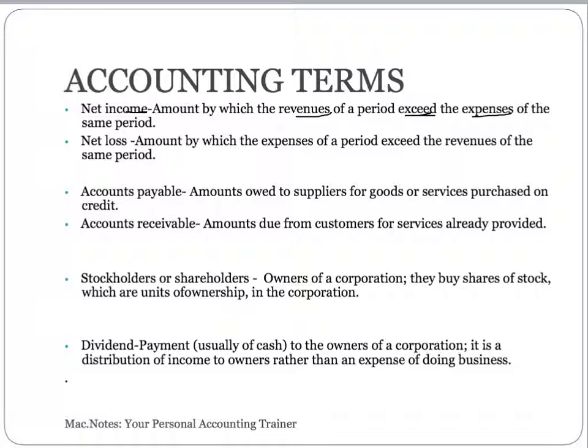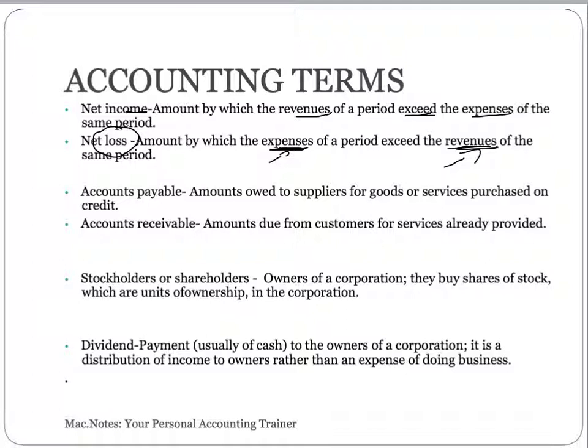This is also called profit, earnings, and so on. Now, if the expenses are greater than the revenues of the company, the company's in trouble. It has incurred a loss, and it cannot continue, year after year, incurring a loss. That means spending more money in trying to earn revenue than the amount of revenue you earn.